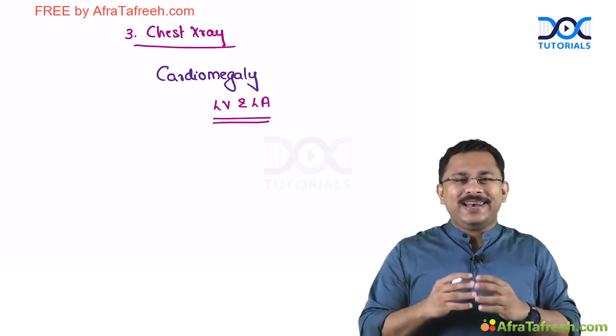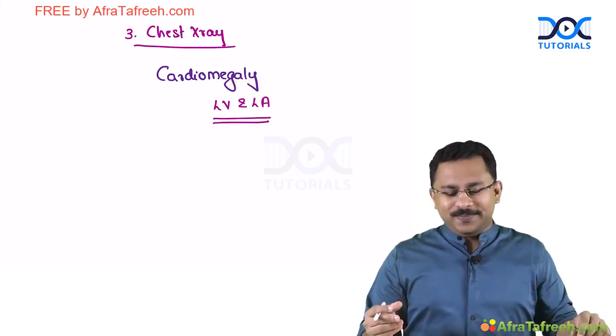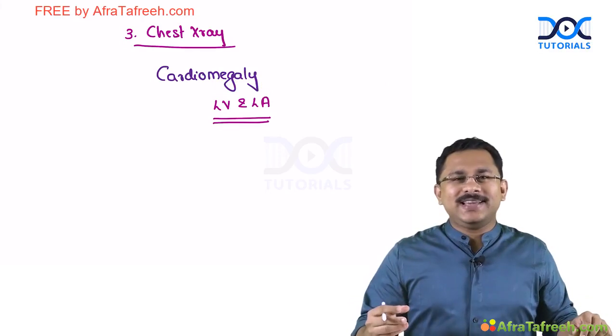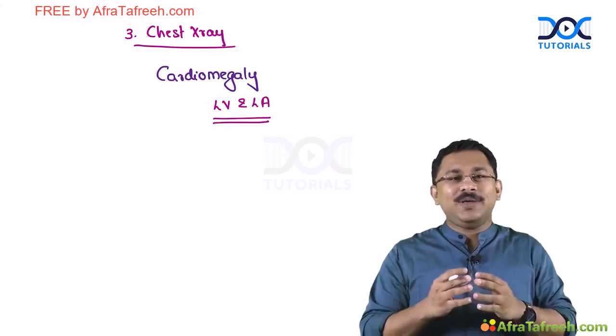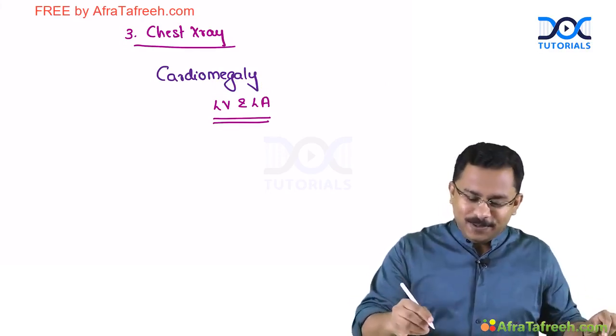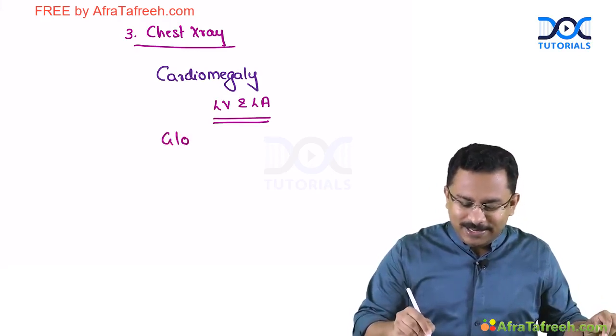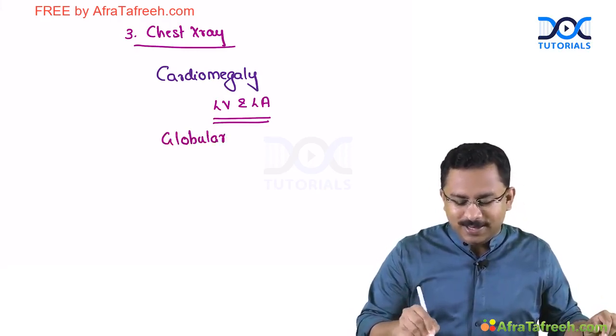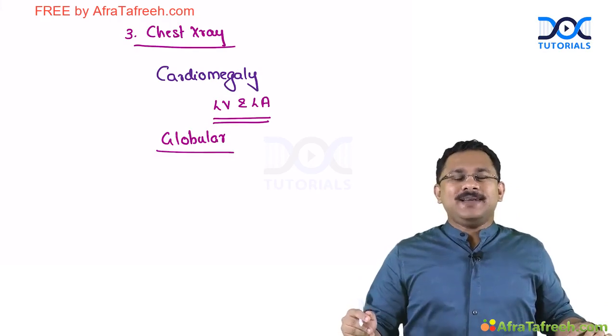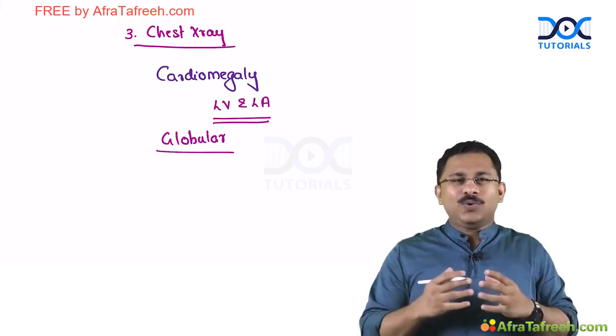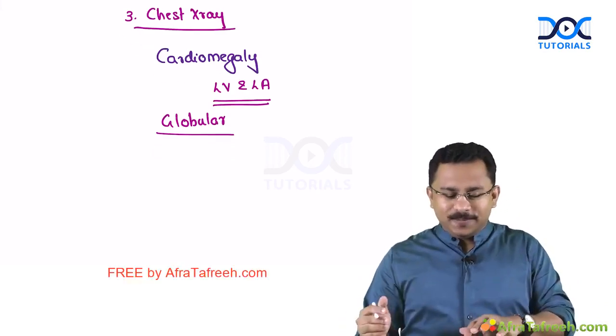And when you get a left ventricular enlargement, this will cause the cardiac chamber to assume a globular shape. And see, I told you there is LV and LA enlargement.